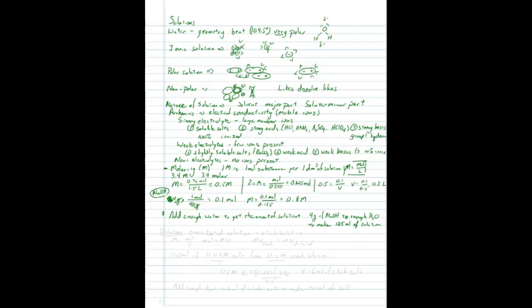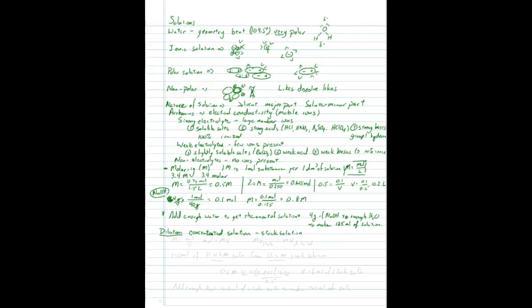Okay, last topic is dilution. What we did above is how you do things with a solid. Now what you have is a concentrated solution, and you want to dilute it down to a weaker solution. The concentrated solution is often called the stock solution.